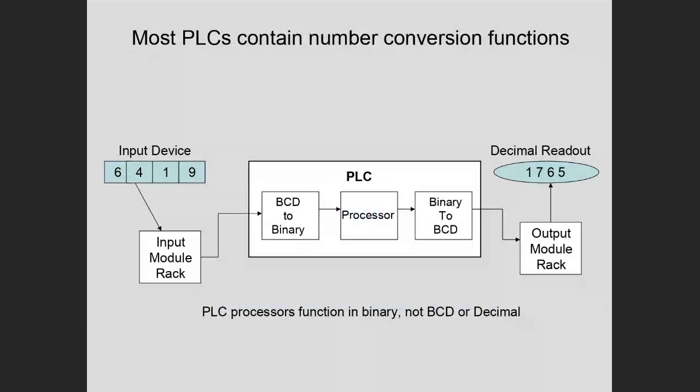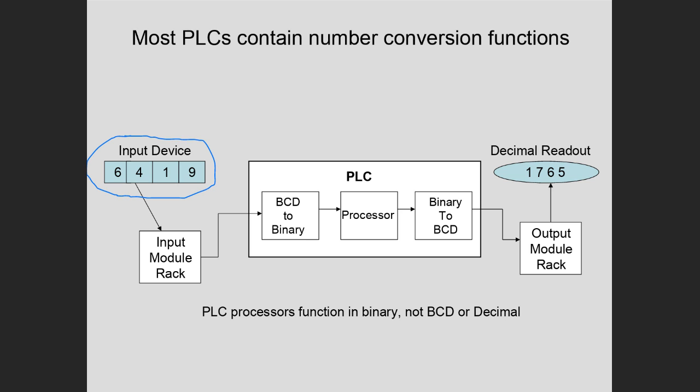Here's an overview of a whole system that uses BCD. So here's a good example. Let's say this is some kind of device where you can put in regular decimal numbers. There's something called a thumb wheel, like a combination lock.